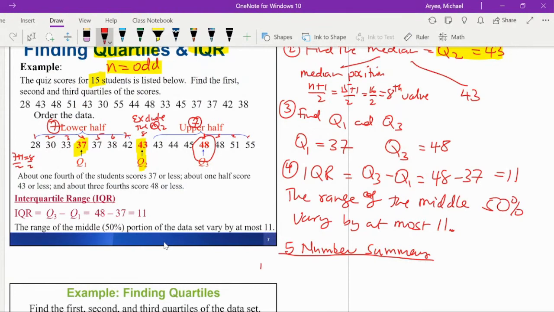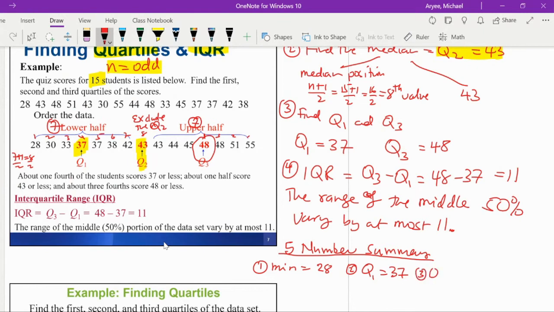The 5 number summary, number one, is the minimum. What is the minimum of this data? The minimum is 28. The next is Q1. So number 2 is Q1. What is Q1? Q1 in this particular case happened to be 37.